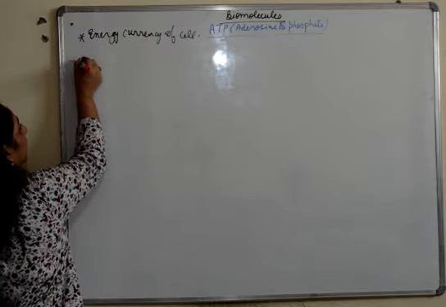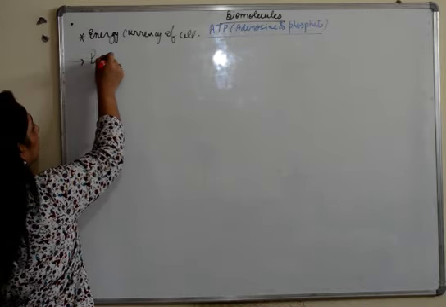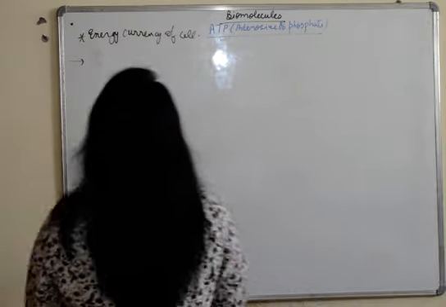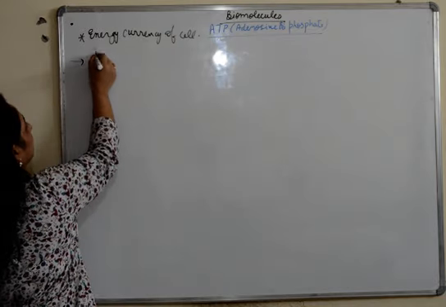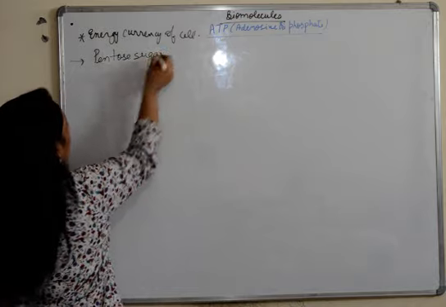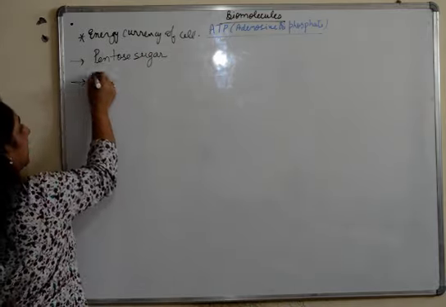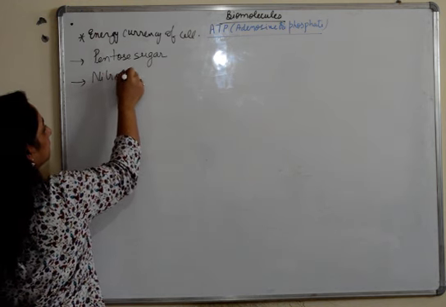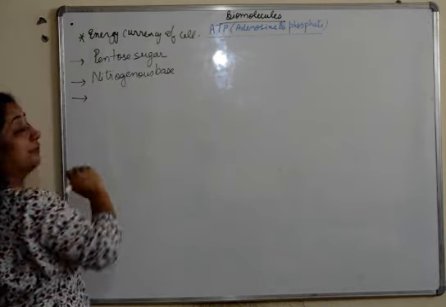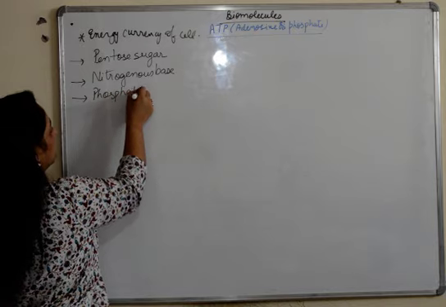So a nucleotide has a sugar, a pentose sugar. The marker is not working, I'm so sorry. So a pentose sugar, then what is there in a nucleotide? A pentose sugar, nitrogenous base, and we have phosphate group.